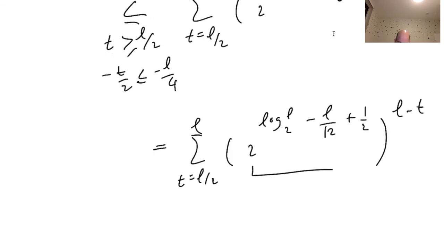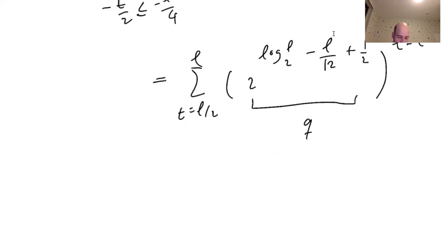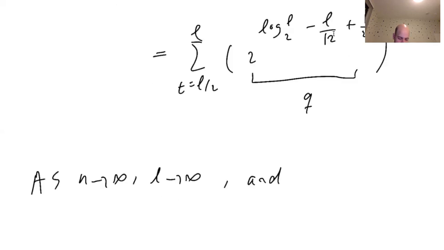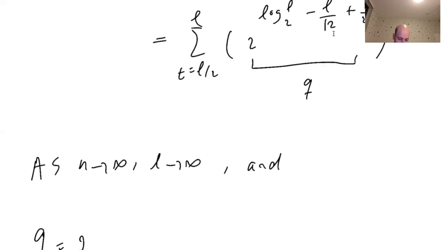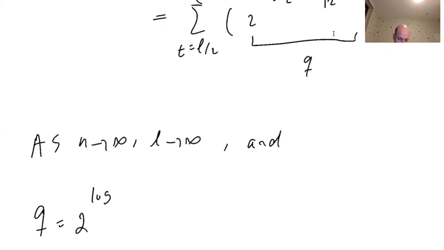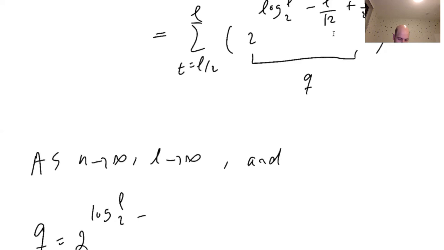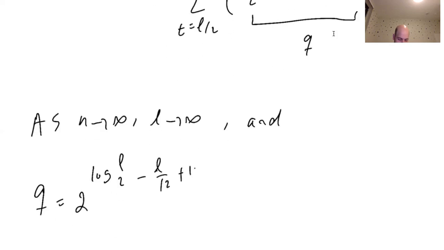Now again, if I set this one to be, let's say, Q, similar to the idea used in the previous part of the proof, then we have, as n goes to infinity, L goes to infinity, like what we saw, and Q, which is 2 to the power log L choose 2 minus L over 12 plus 1/2, goes to 0, right?